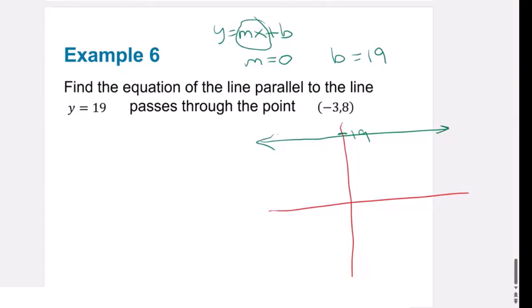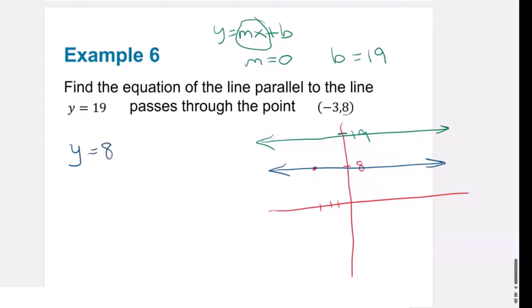Well, it's passing through the point -3, 8. Now let's just call this 8. So it's passing through that point. But if it's parallel, it's also going to go horizontally, right? So I don't really need much of anything here. I can just say that the line parallel to y equals 19 is y equals 8.